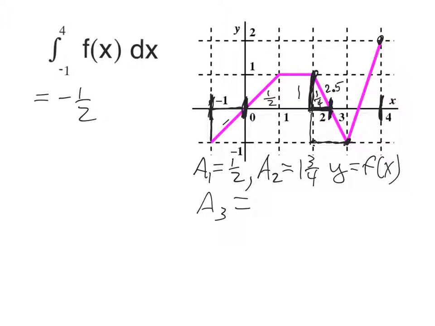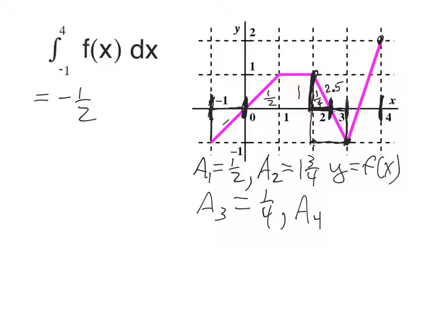The area of the third part, we may need to break this down even further. Why did that logic of the slope work? I just feel like that's right. This part from 2.5 to 3 would be another 1/4.